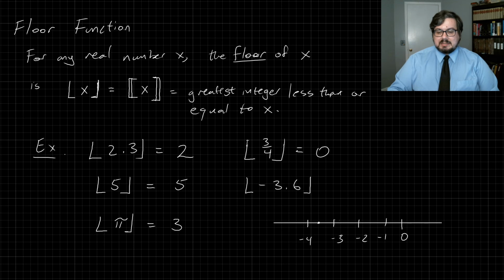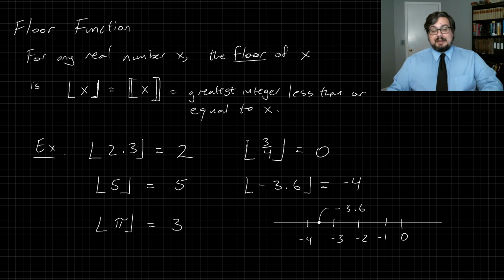Now negative 3.6 is about there. If we want the greatest integer that's less than or equal to -3.6, we take that point and move to the left on the number line until we reach an integer. In this case, that integer is -4. And so the floor of -3.6 is actually -4.